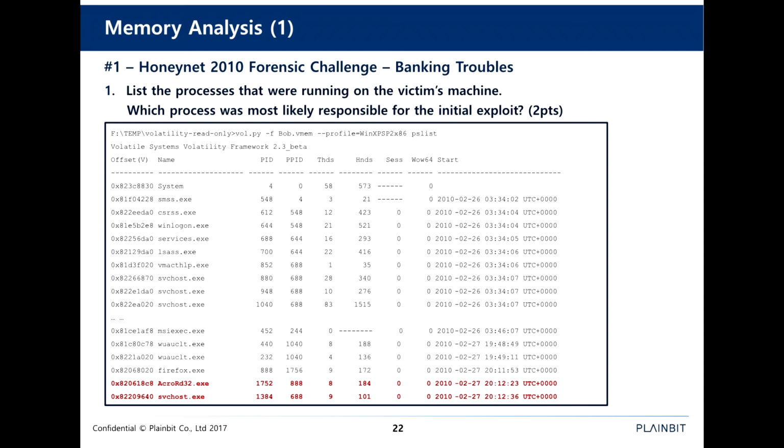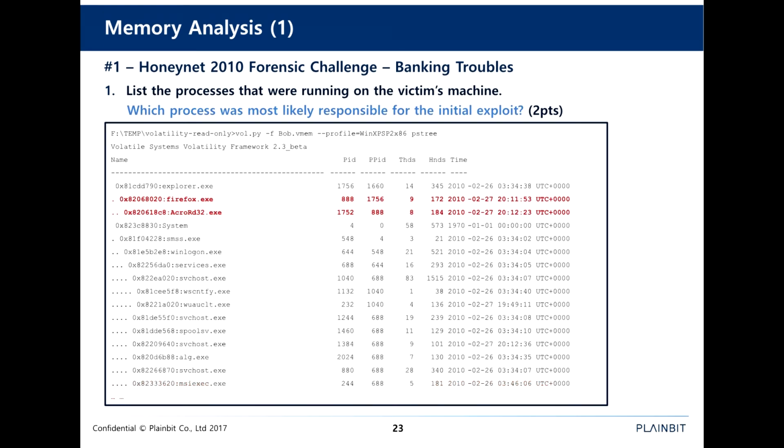This time, we will look at other processes related to the acrord32.exe process. Using the PS Tree plugin, you can see results like in the lecture material, so you can easily understand the correlation of processes. The parent process of the acrord32.exe process is the firefox.exe process.